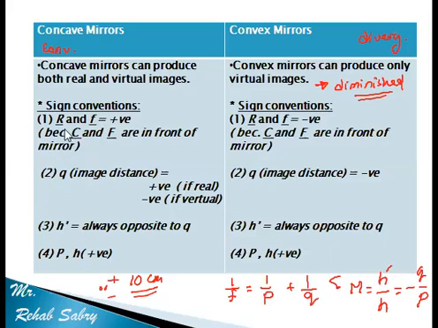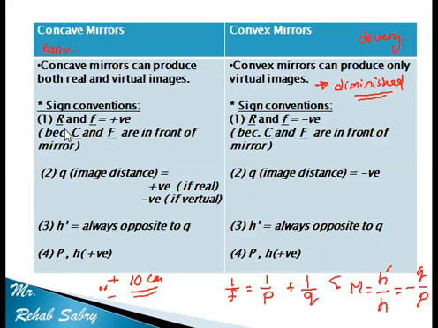Look, if we have the mirror, anything in front of the mirror is positive. Any distance in front of the mirror along the principal axis is positive. Behind the mirror, any distance is negative. What about the size of the image?